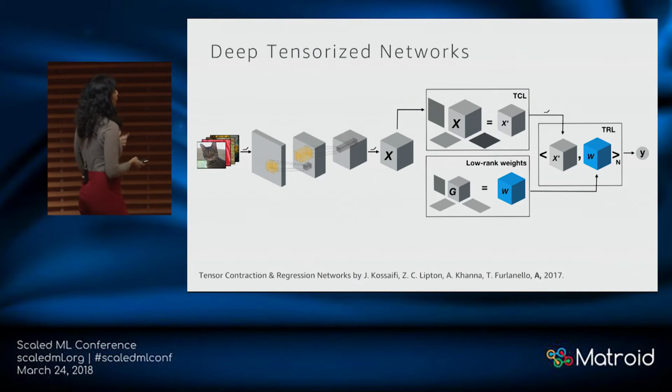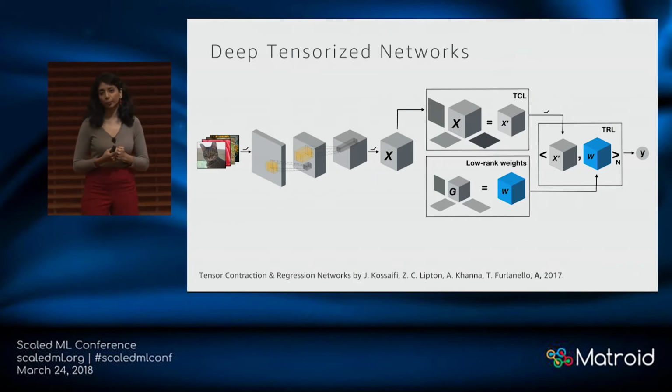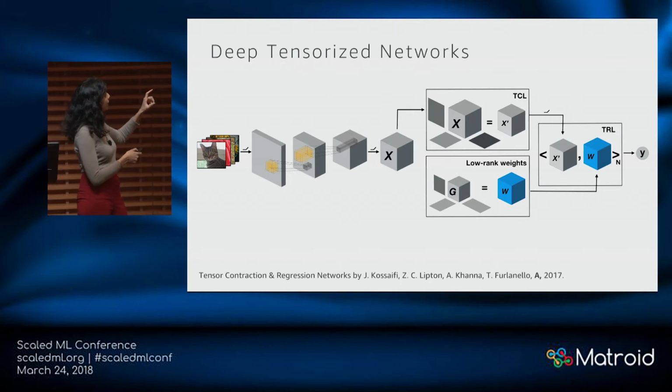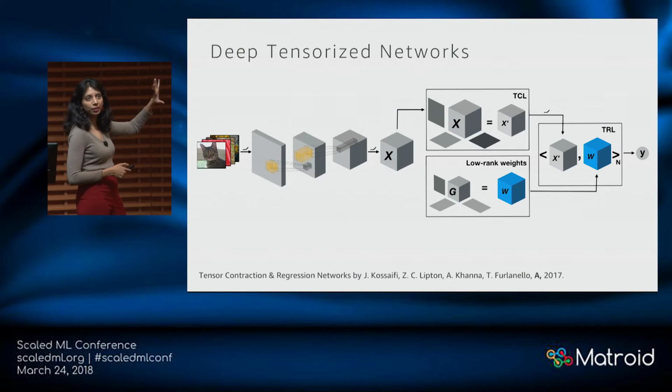So what we came up with was a new architecture where we will, in the fully connected layers, contract the 3-dimensional activations directly, right? So now there are 3 weight matrices along each of the dimensions that we'll learn instead of just a single weight matrix. And also in the last layer, we'll do a tensor regression rather than just a plain matrix multiplication.